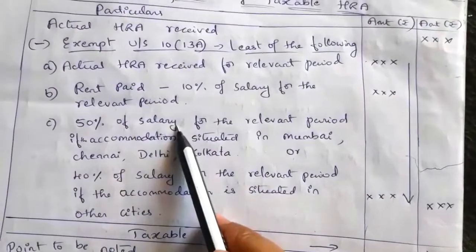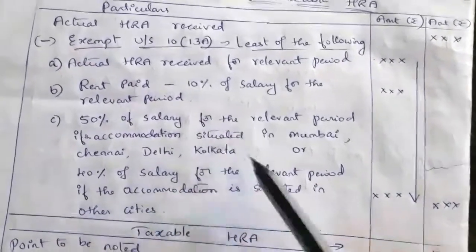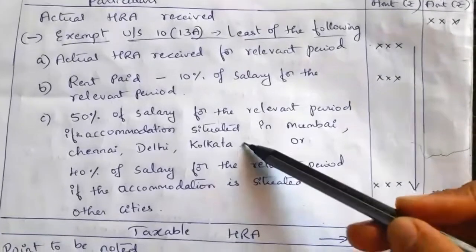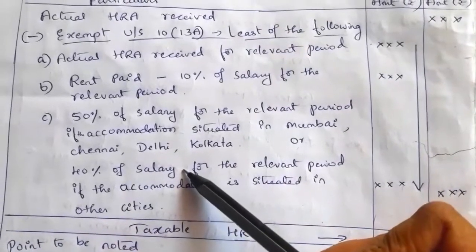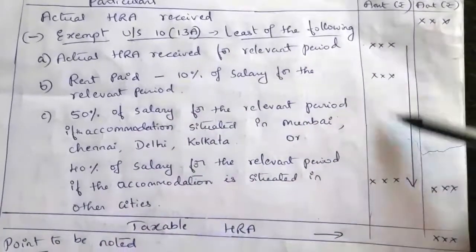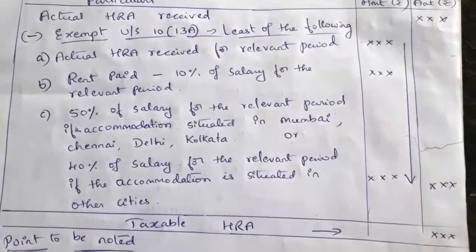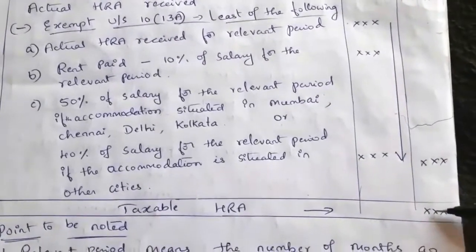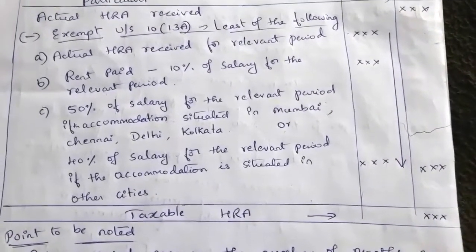Then 50% of salary or 40% of salary. In this question he is working in Mangalore, so we take 40% of salary because it is not a metro city. Among these 3 criteria, whichever is least we take as exemption under section 10(13)(a), and the balance is taxable HRA.